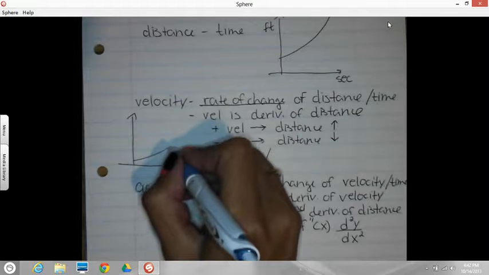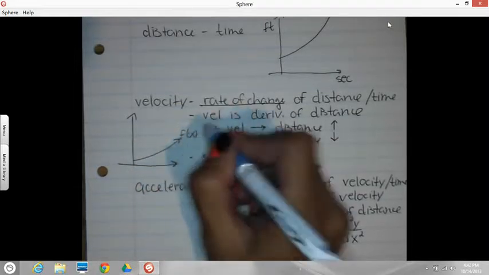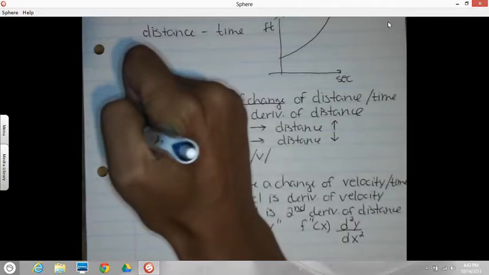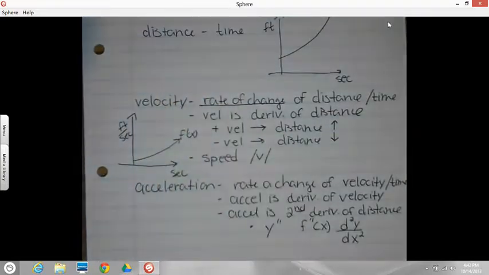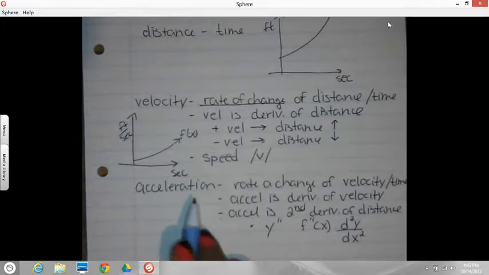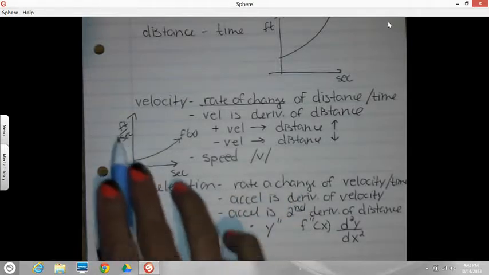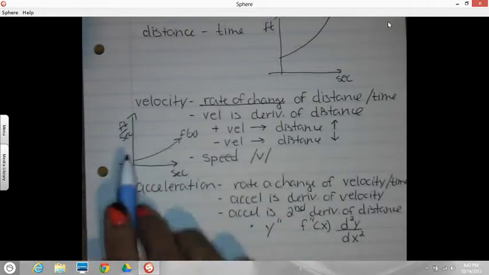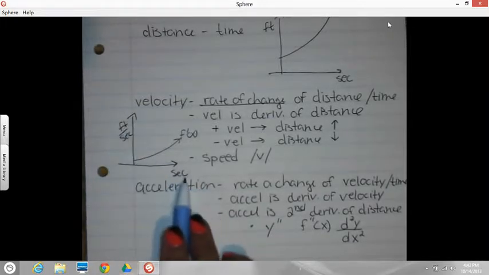Maybe it looks like this. This would be f prime of x, where I would have feet per second here, and seconds here. But now when I go to acceleration, I'm going to be doing the derivative of these two units. And when we do derivative, we're dividing, because we're taking the change in velocity over the change in time.